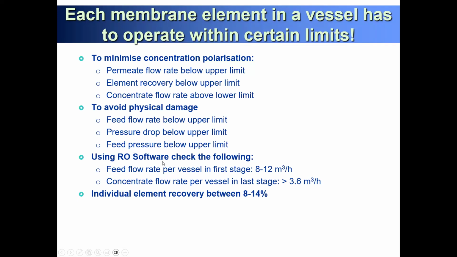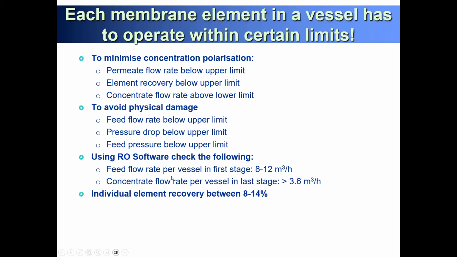Using this software, you also need to check the feed flow rate per pressure vessel in the first stage has to be between 8 to 12 cubic meters per hour. Otherwise, if it's too fast, you don't have enough time to permeate your water, right?